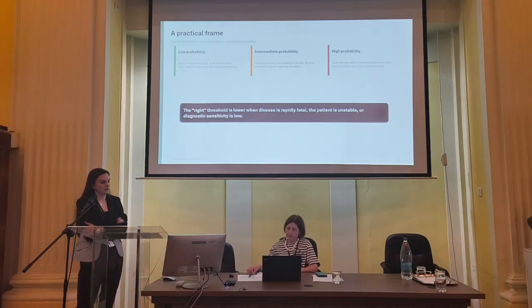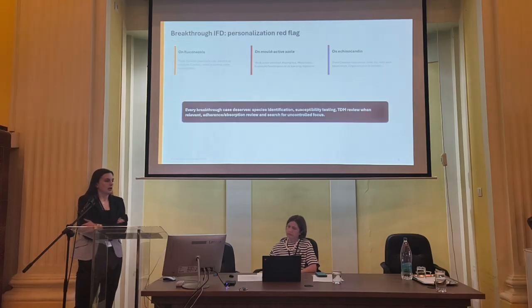If we have intermediate probability, then we will test the patient. But if we have high probability, we will start to treat the patient and go with the diagnosis, confirming the diagnosis.